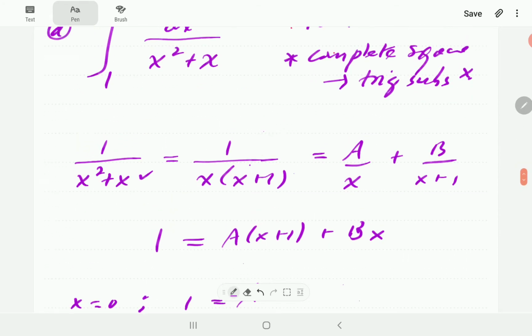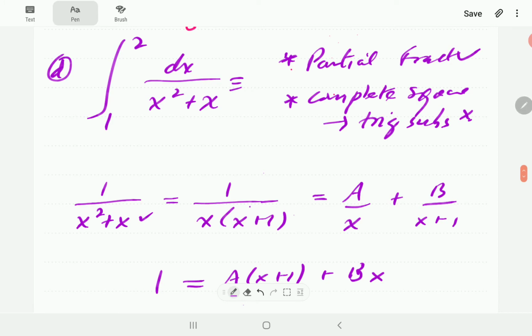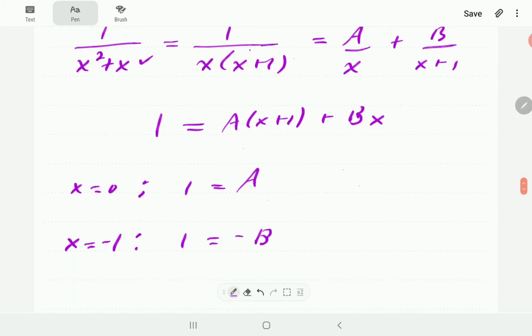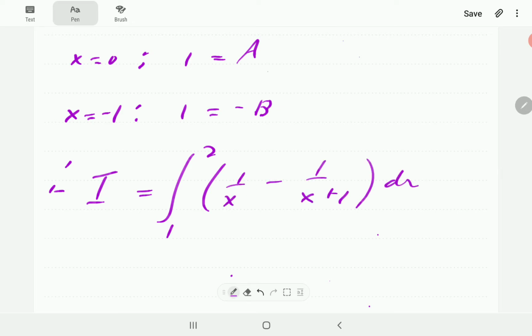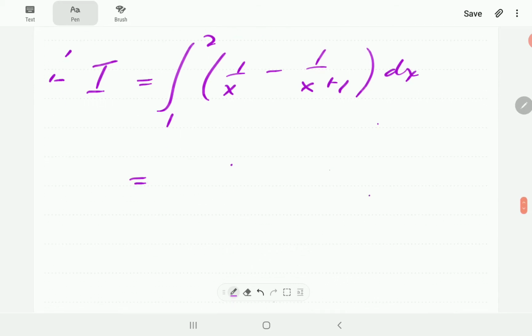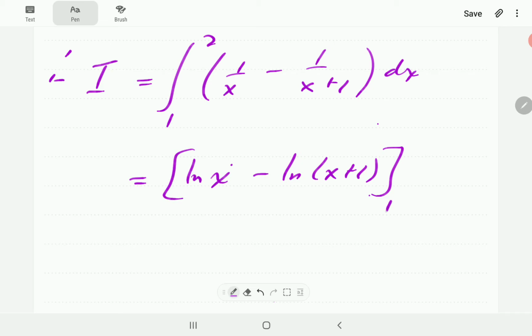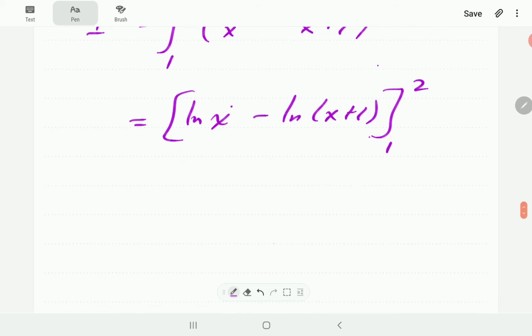So that means our integral here, we can write as follows. I is going to be the integral from 1 to 2 of 1 over x minus 1 over x plus 1. Then this simply integrates to ln x minus ln x plus 1, evaluated between 1 and 2.